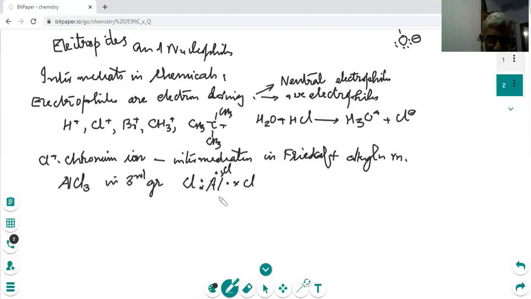And therefore, aluminum chloride itself can act as an electrophile. Aluminum chloride reacts with the chlorine molecule, and this undergoes a bond fission.